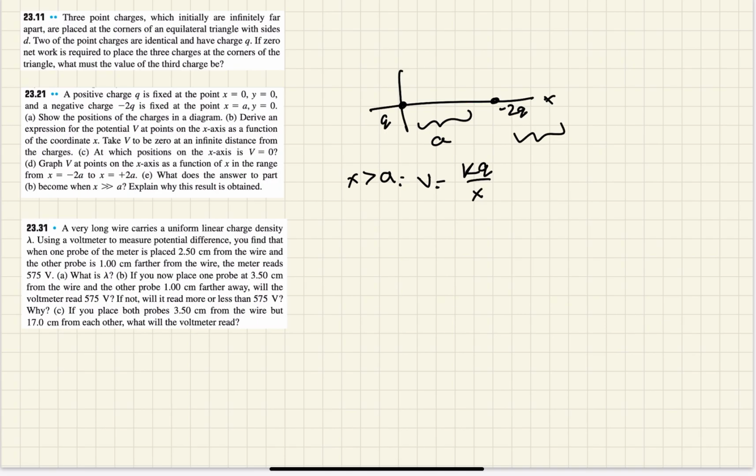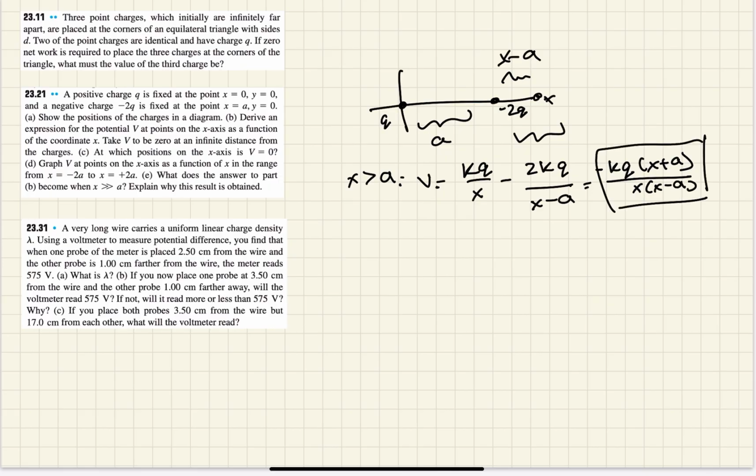But for the potential from this point, it becomes minus 2kQ, the 2 because it's twice the charge, over x minus a, because there's this a distance, so the distance between these has to be x minus a. And so you can combine that, it's just algebra. It's negative kq times x plus a over x times x minus a. So that's your expression for x greater than a.